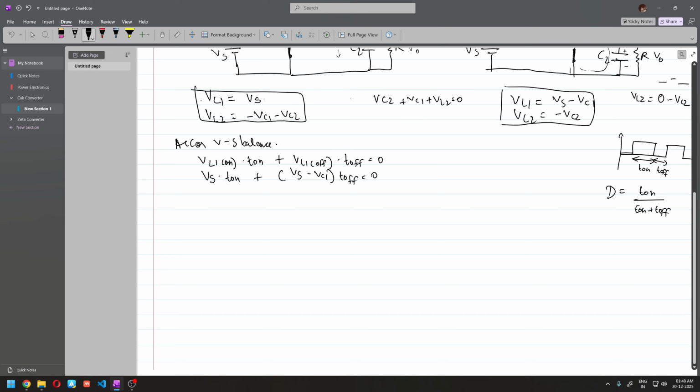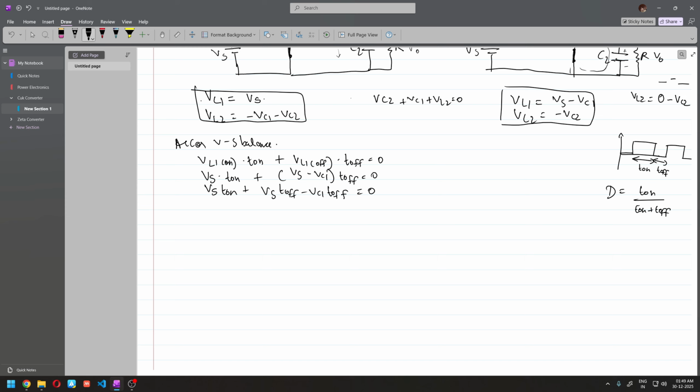So we know that, and looking at this equation, we can just open this bracket here. So Vs T on plus Vs T off minus Vc1 T off.